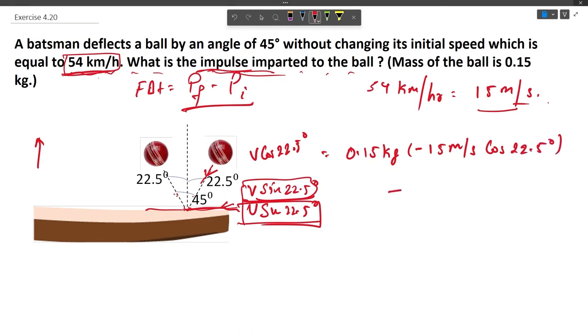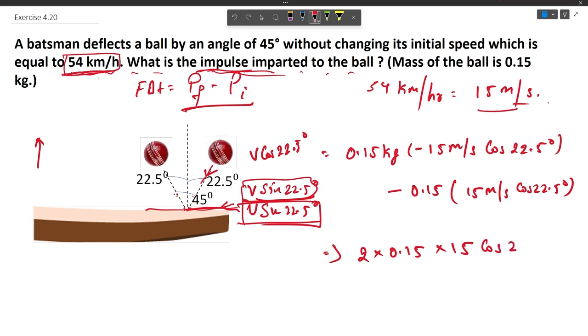Final momentum can be given as again mass times its velocity, and this time its velocity is in the upward direction, so it is in the positive direction, so we can simply write it as 15 meter per second cos 22.5 degree. Now it can be expressed as 2 multiplied by 0.15 multiplied by 15 cos 22.5 degree kg meter per second.